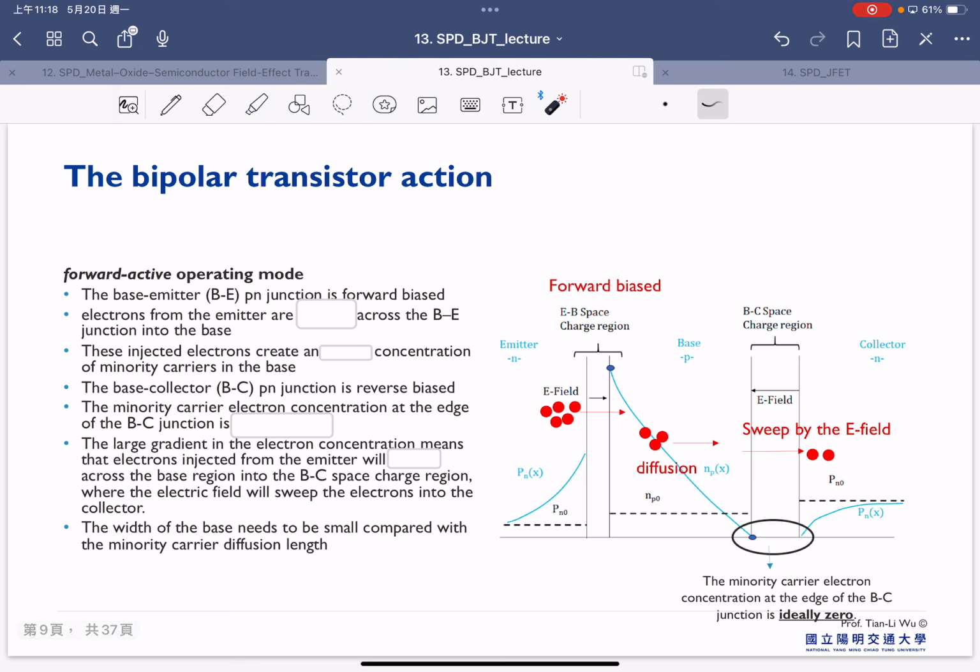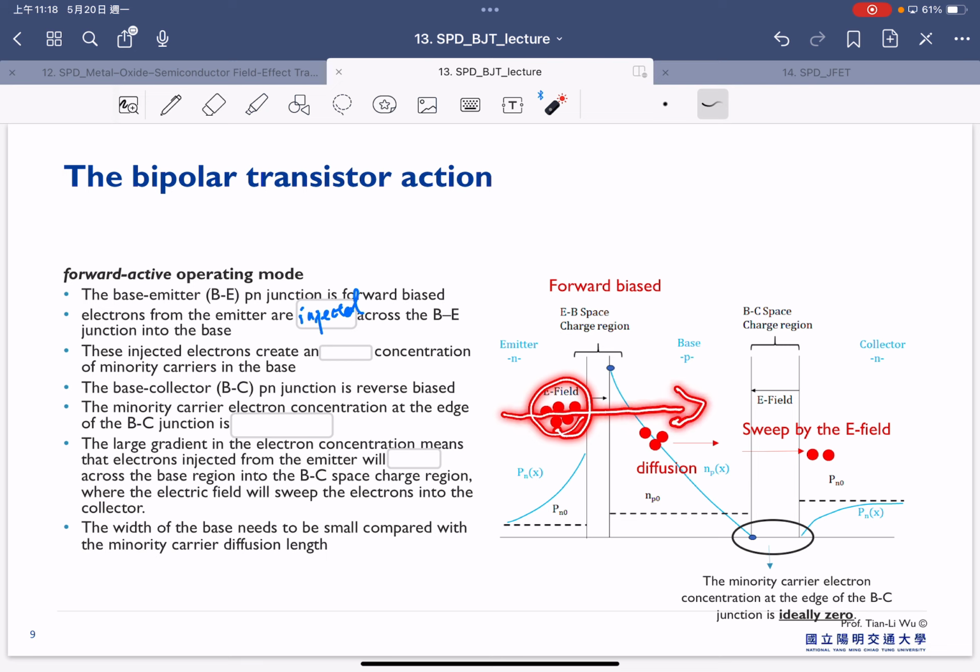This graph is also relatively complicated. The base-emitter PN junction is forward bias, and therefore electrons from the emitter are injected across the BE junction. Because this is forward bias, the electrons can start to flow from the left to the right here.